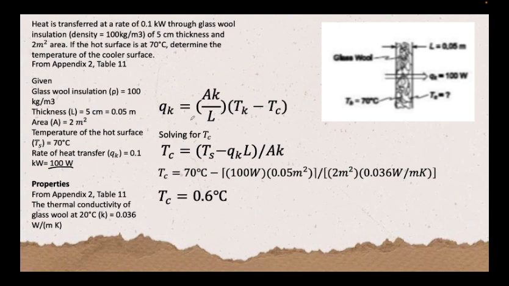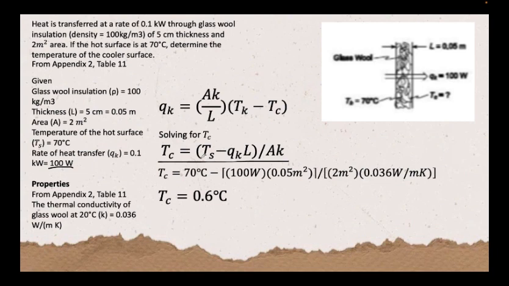The rearranged form will look like this: the cooler temperature is equal to the hot surface temperature minus the heat loss multiplied by the length, over the area multiplied by k, which is the thermal conductivity.